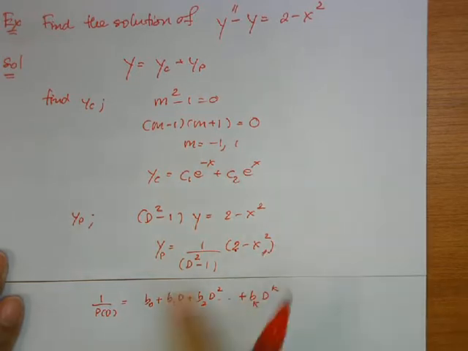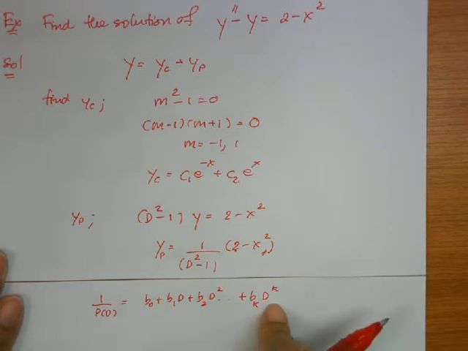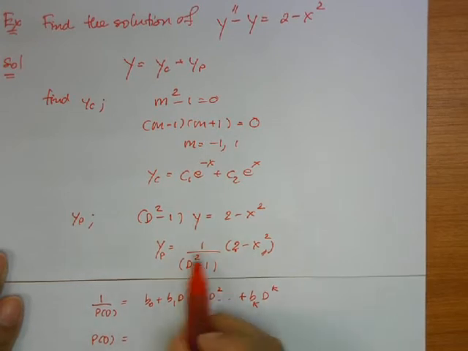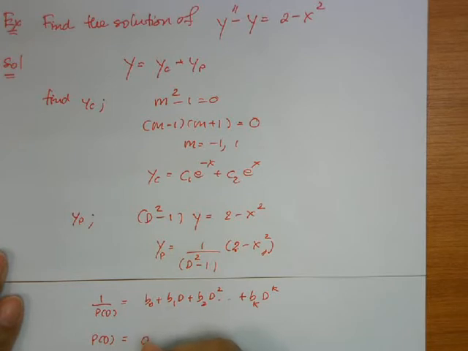So to write down the 1 over PD in this form, the way to do that is, your PD, you got to rearrange the terms by starting with the constant. For example, put a0.